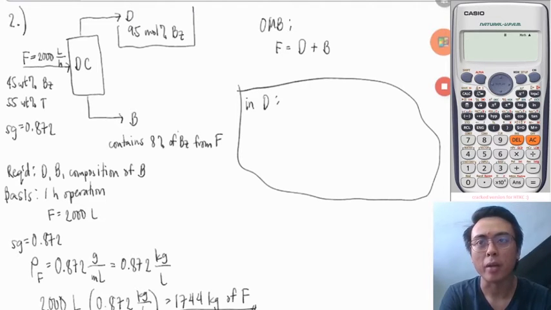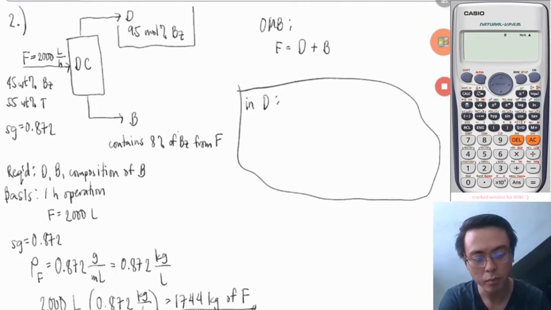Now, you might be asking, I have mentioned earlier that you cannot have more than one basis for a problem. No? What I was talking about then was the main basis. In this case, our main basis is 1 hour operation and we cannot change that. But for mini calculations like this, it's perfectly fine to choose a mini basis just for us to convert from mole percent to mass percent or vice versa.